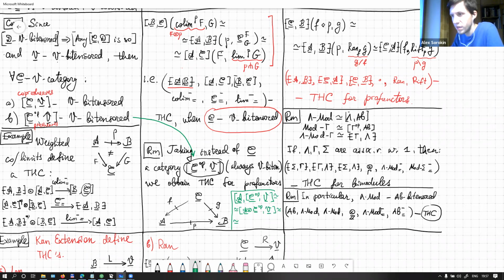Then swapping C and A from one side to another, I will get C op tensor A, comma V. But this is precisely by definition a profunctor category from C to A. Here it is.